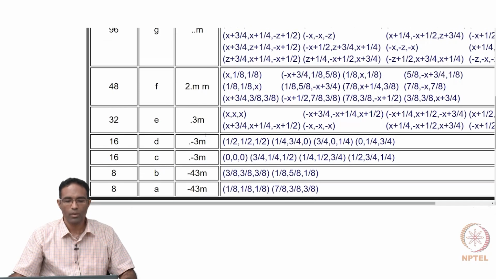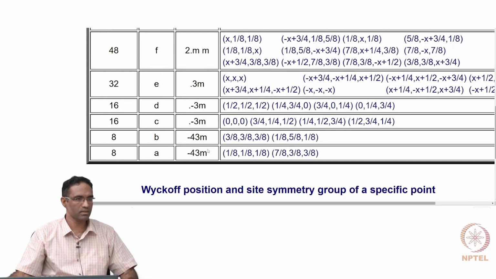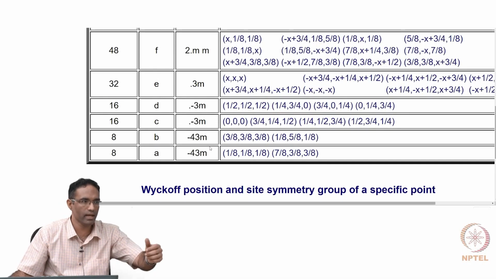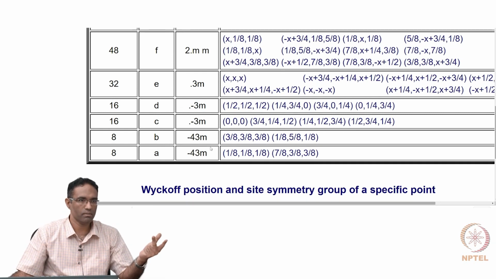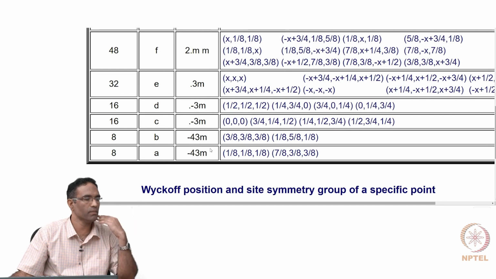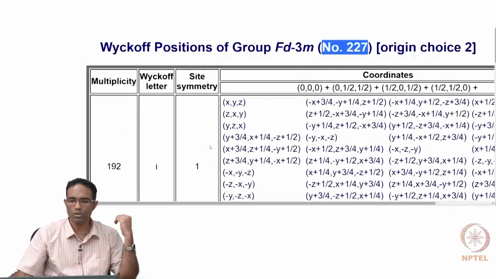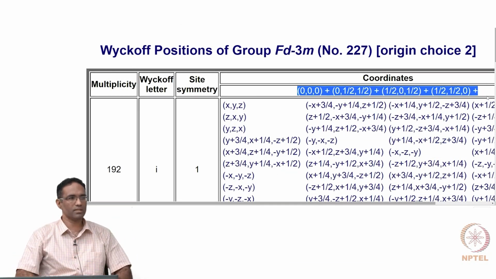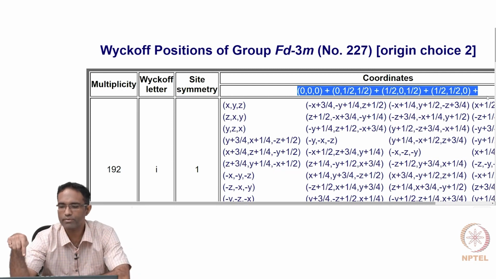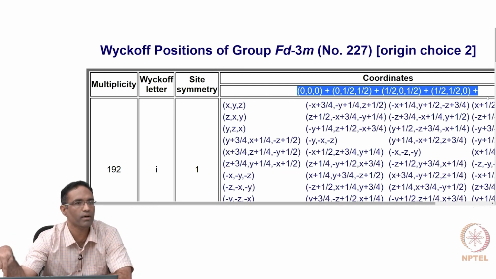But whenever you have the centered lattices, that means those lattices which begin with an F or an I, right, or a C, like what would occur in A and C would occur in orthorhombic, right? You would go to the top and you would see something like this: 0 0 0 plus 0 half half plus half 0 half plus half half 0.